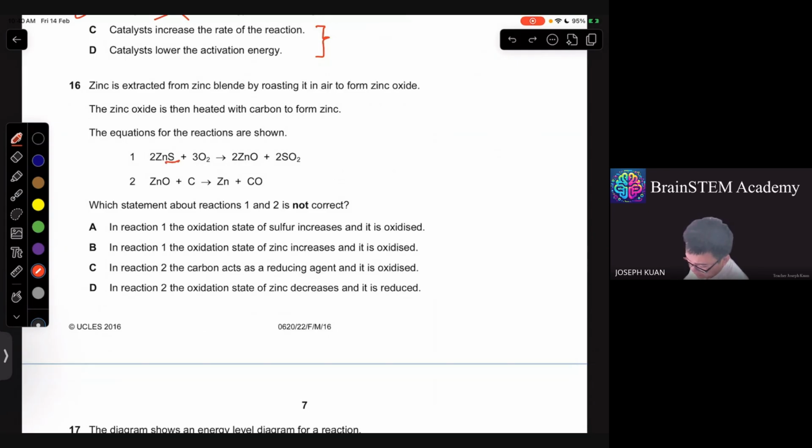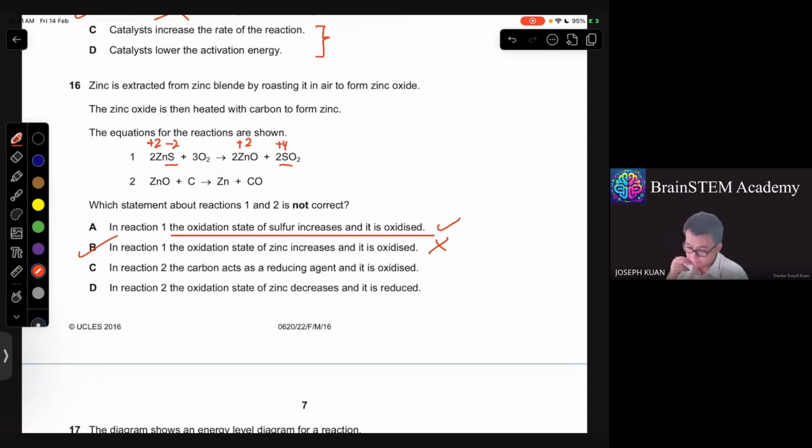Sulfur is experiencing an increase in oxidation number from -2 to +4. So it is oxidized, which is correct. Then our zinc is going from +2 and still it is +2. So it is not actually undergoing any form of redox. And so answer is B, right?